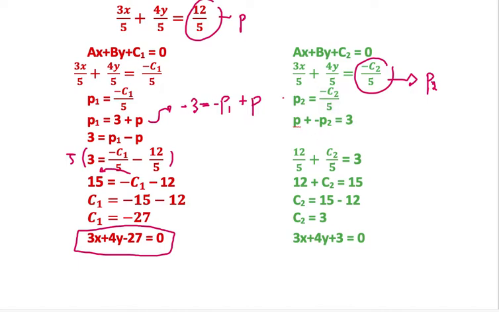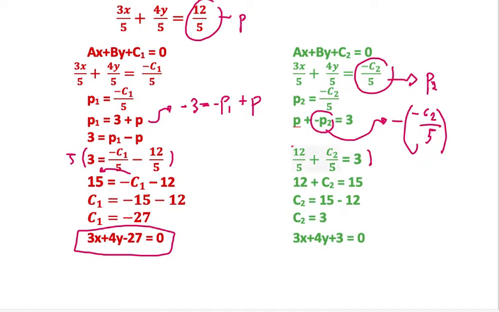So, I am going to replace the value of p, which is 12 over 5. So, 12 over 5 plus c sub 2 over 5. So, why did it become c sub 2 over 5? This is negative. Then, we have negative c sub 2 over 5. So, it became a double negative. So, minus then negative, it will become positive. So, 12 over 5 plus c sub 2 over 5 equals 3.